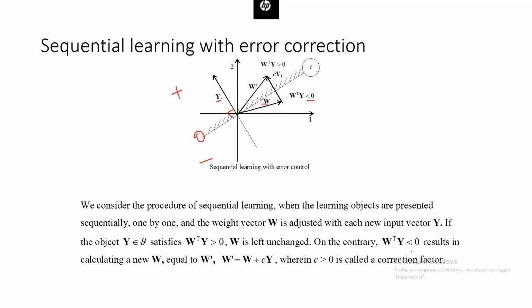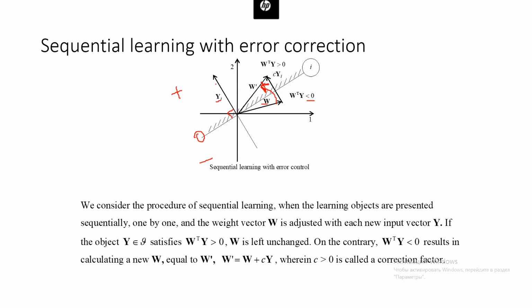It means that we need to move our weight vector in such a way which provides positive projection. So we just move our weight vector by some angle in that direction.